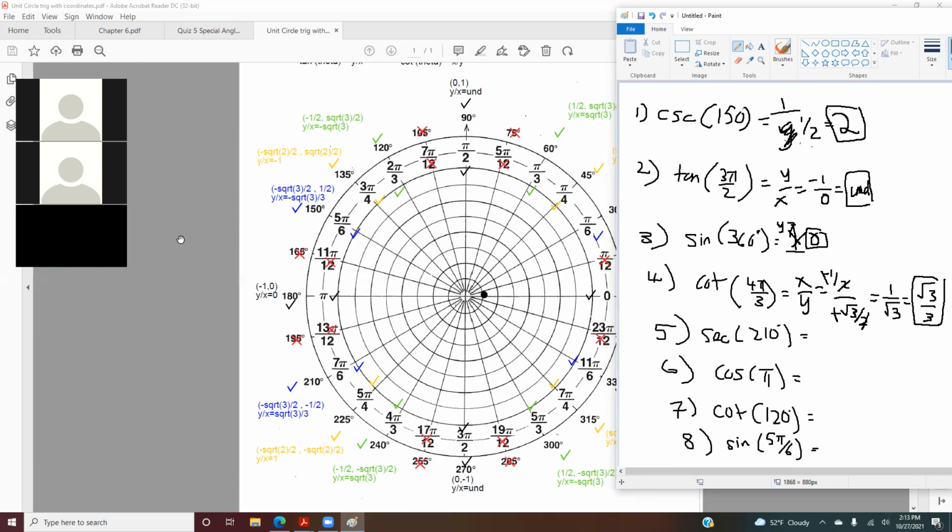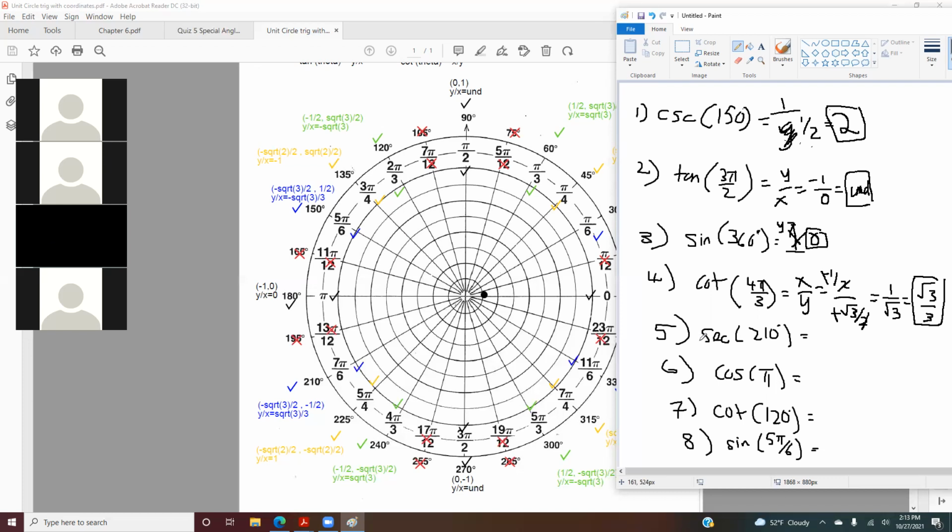Andrew, Nukin, Ni. Number 5, secant 2 pi over 3 degrees. Nukin. Secant, yep.